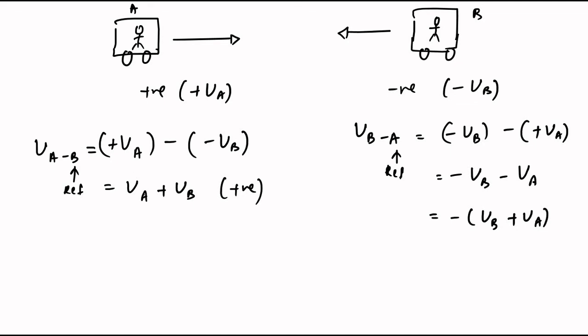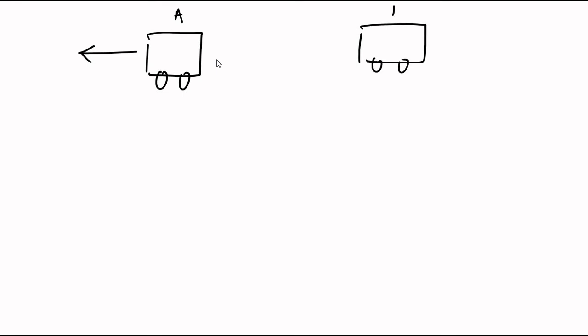Another case is both the vehicles moving in opposite directions, away from each other. Here they were moving towards each other, here they are moving away. Let's say vehicle A is moving towards left and vehicle B is moving towards right. In this case B will be positive, plus VB, and A is negative, minus VA.